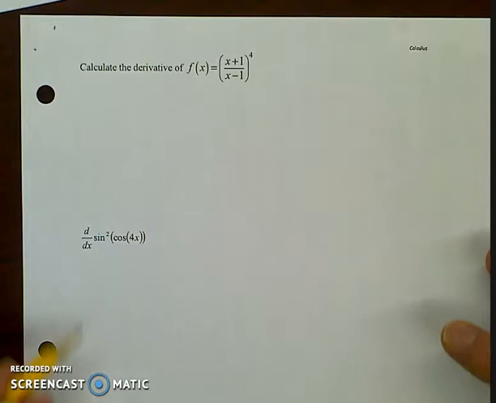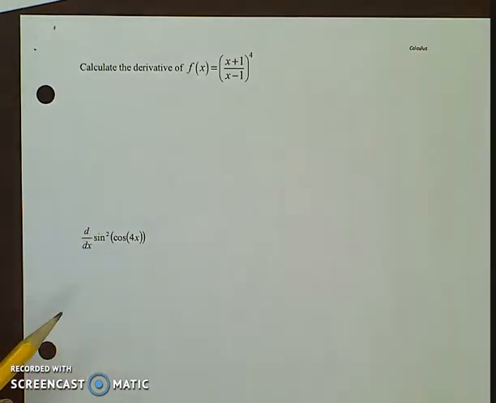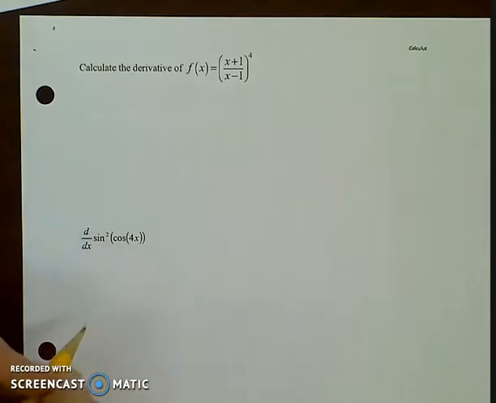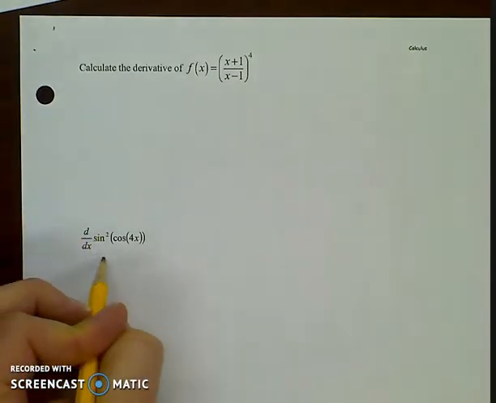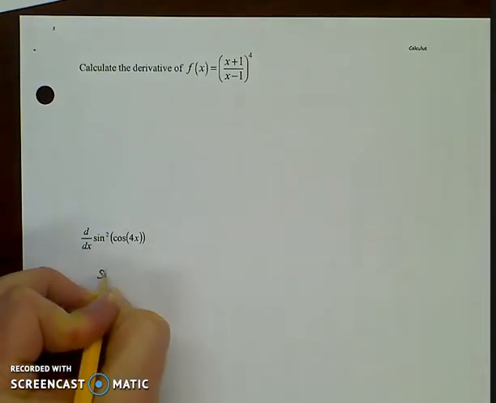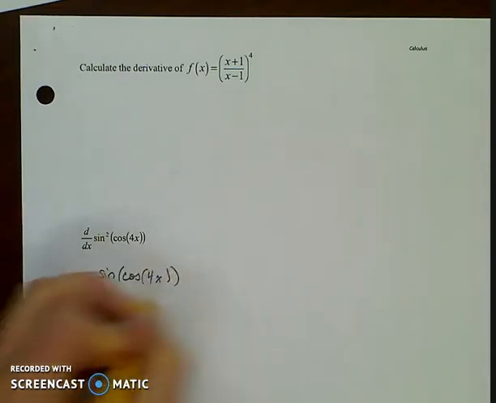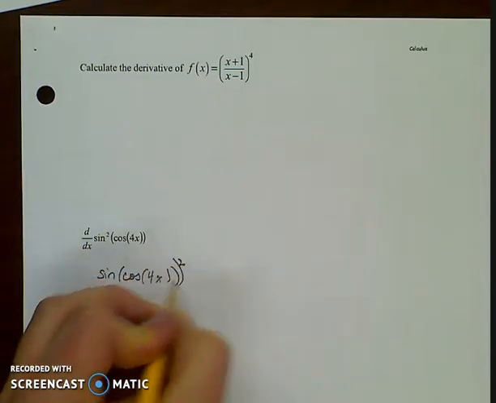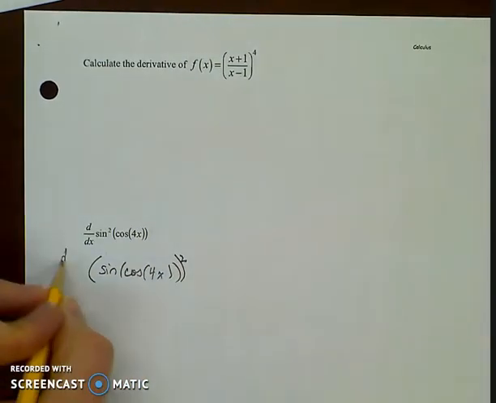I'm going to skip to the bottom one, and then I'll do the last one on paper, just not out for you. So this one's going to be a triple chain rule. Notice that we can do sine of cosine of 4x all squared. We're still looking for the derivative of that.